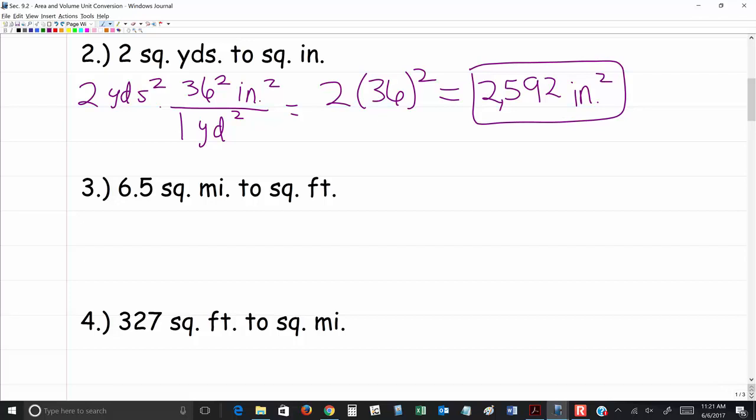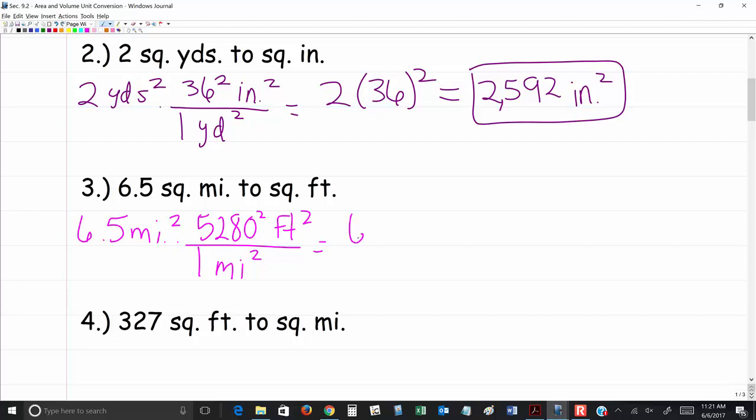Okay, and then we have 6.5 square miles. So 1 square mile equals 5,280 squared. That's going to be a lot. It's per square feet. So I have to multiply 6.5 times 5,280 squared.